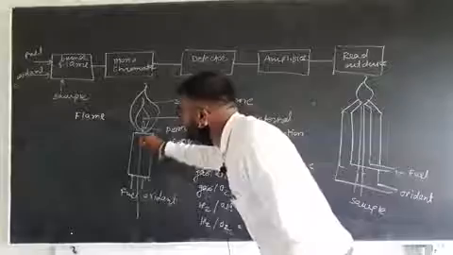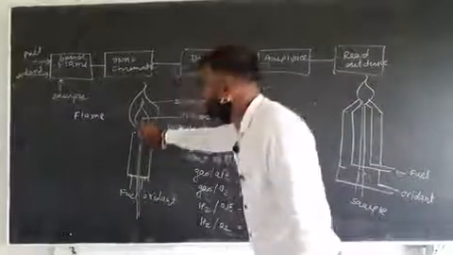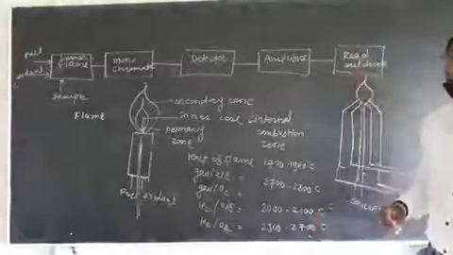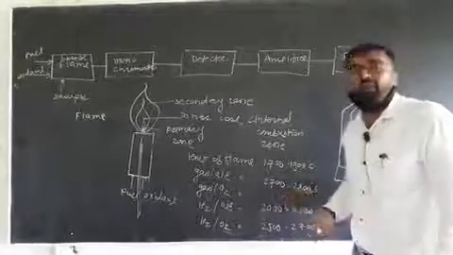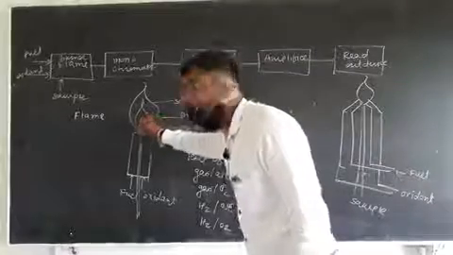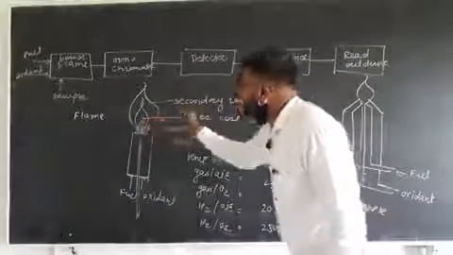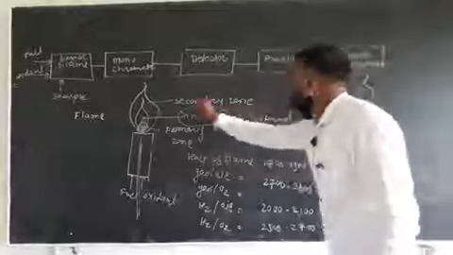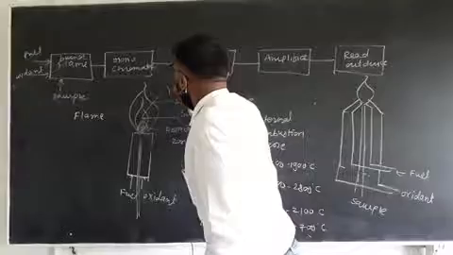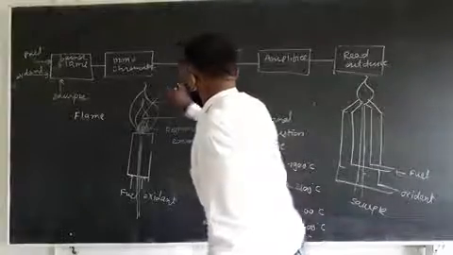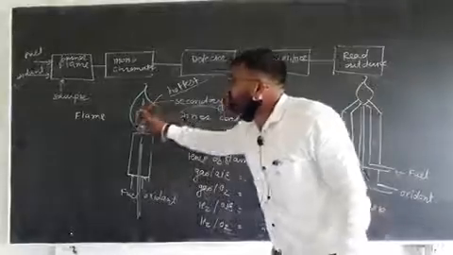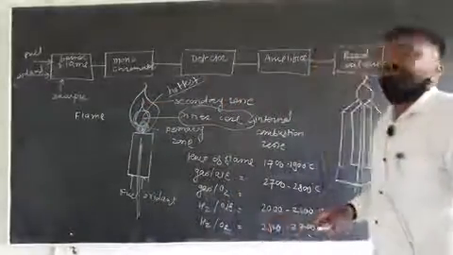When the sample is aspirated inside this hot flame, at the primary zone vaporization or solvent evaporation takes place, and the residue is formed at this place. Then the internal core, or internal combustion zone, is the hottest part of the flame. In this part of the flame, the total atomization process takes place.